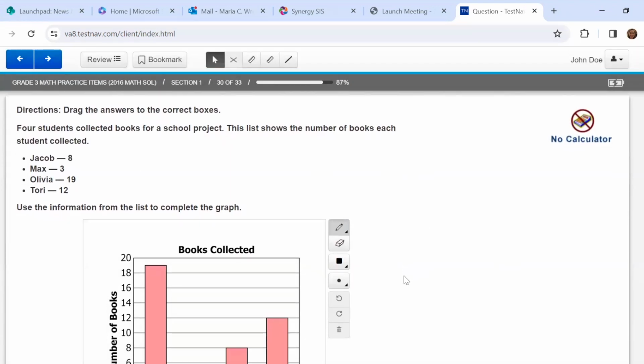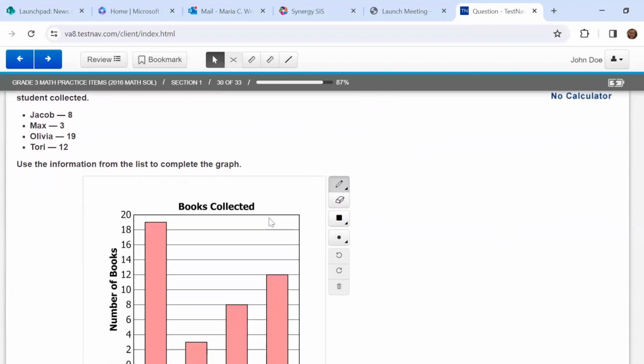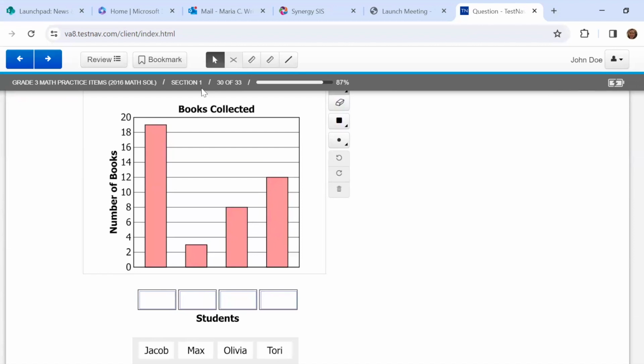Drag the answers to the correct boxes. 4 students collected books for a school project. This list shows the number of books each student collected. Jacob, 8, Max, 3, Olivia, 19, Tori, 12. Use the information from the list to complete the graph. All right, I see the title, Books Collected. My scale is counting by 2s, and these tell me the number of books.